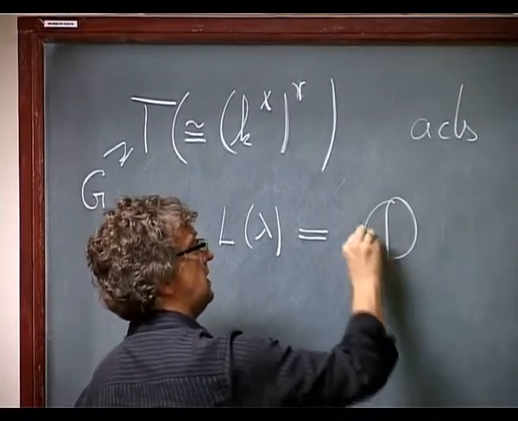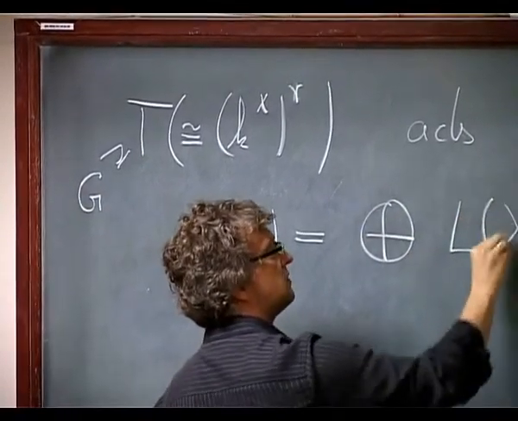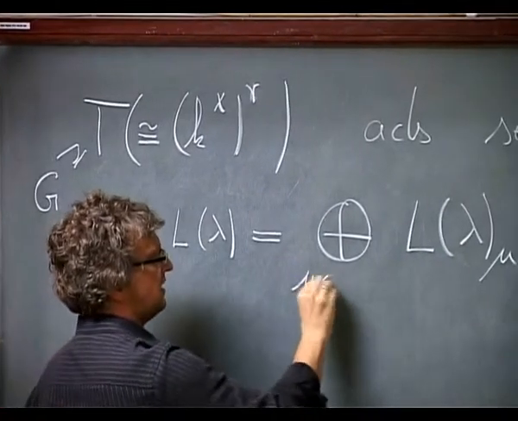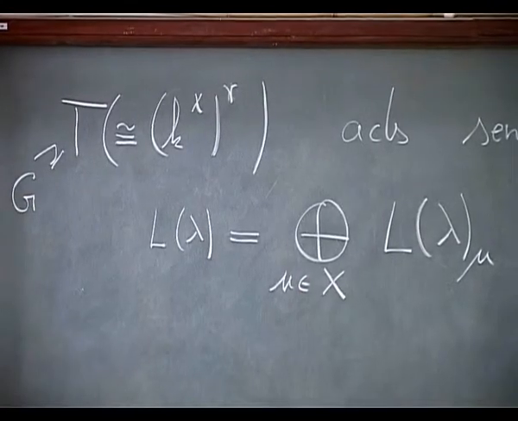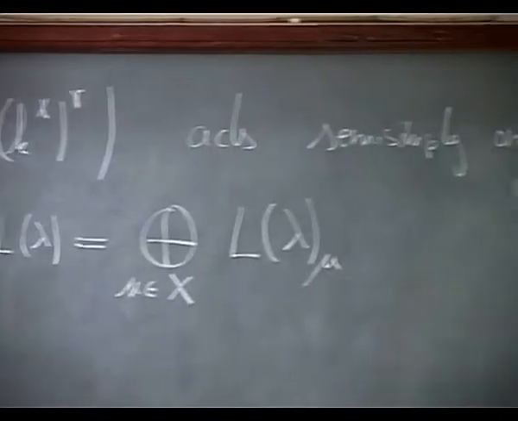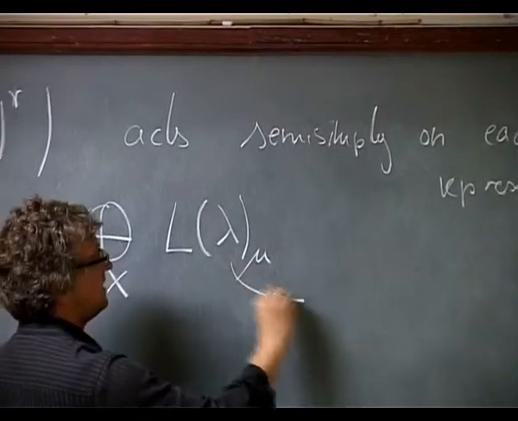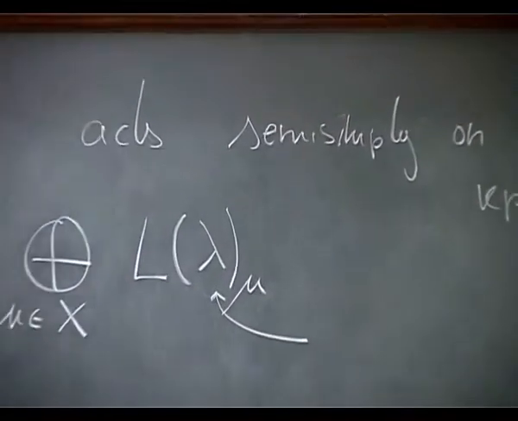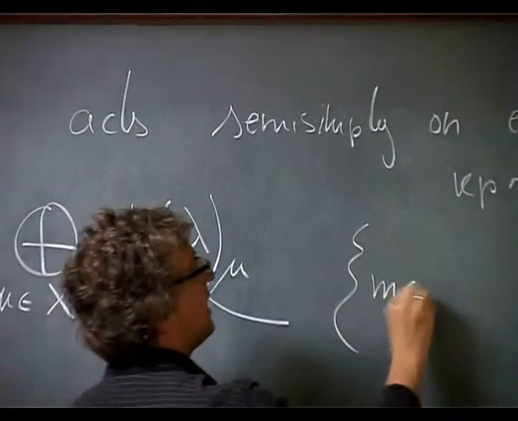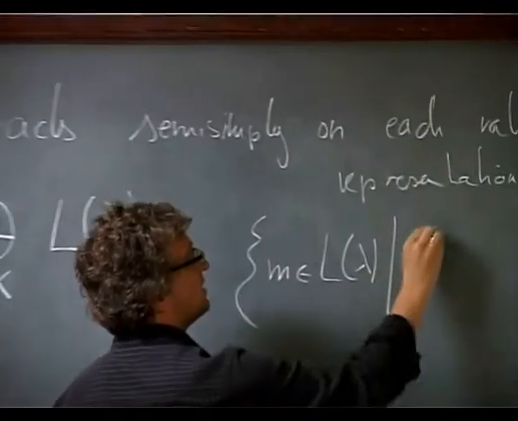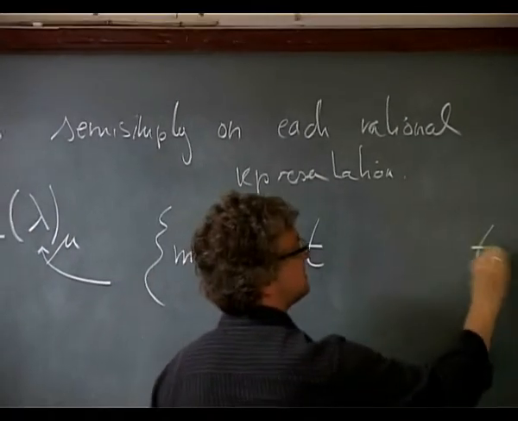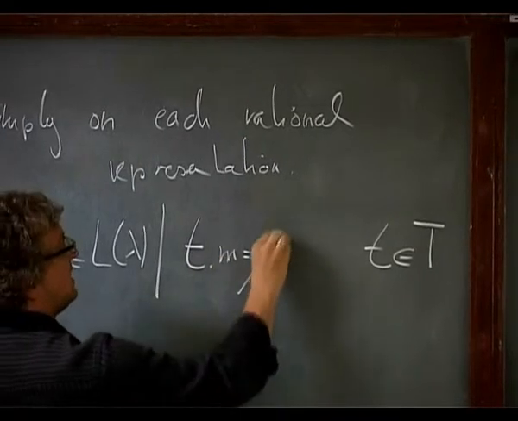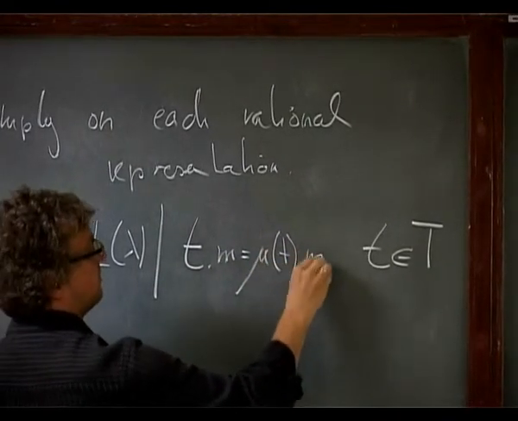So it decomposes canonically into a direct sum of its so-called weight spaces. Here mu is again an element in this set X, and this is the eigenspace of the T action with eigenvalue mu. That means this is the space of all m such that an element t of this torus T acts on m just by multiplication with the scalar mu of t.